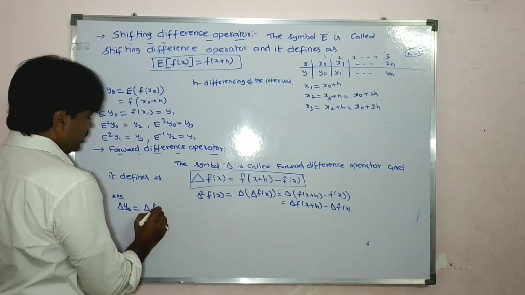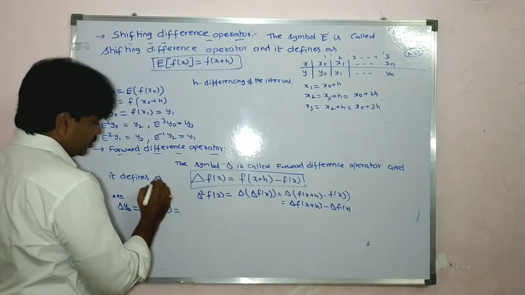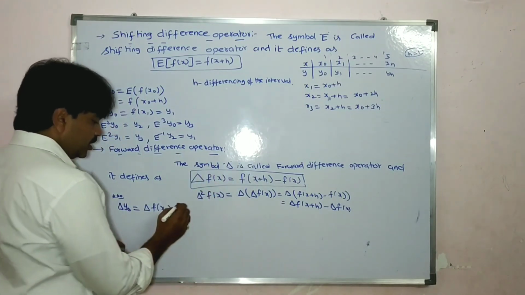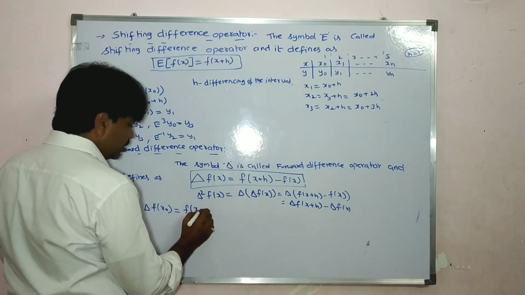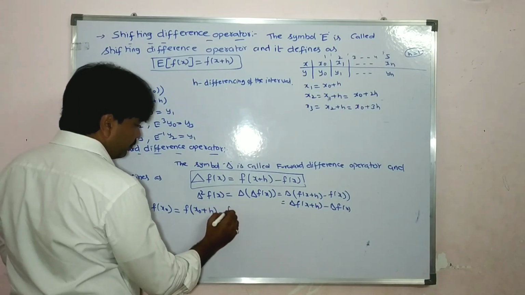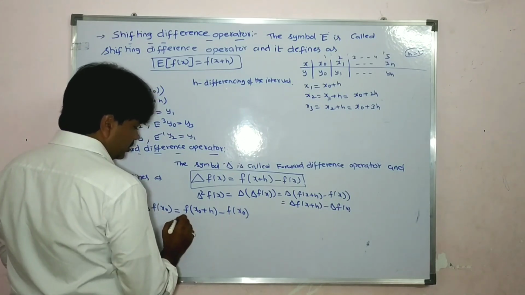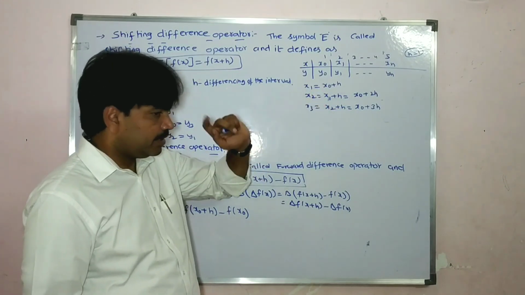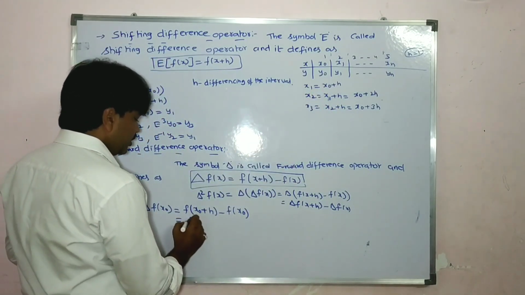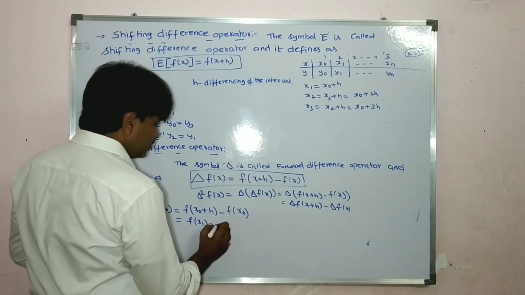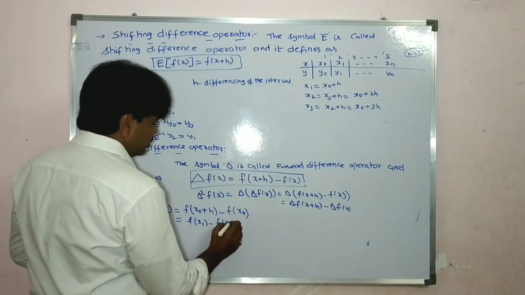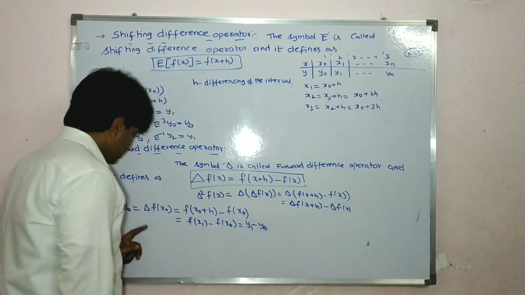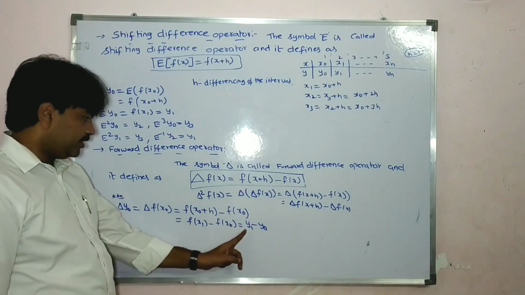So del f of x naught is f of x plus h minus f of x, so we have f of x naught plus h minus f of x naught. x naught plus h is x1. So f of x1 minus f of x naught, which is y1 minus y naught. See, students, del y naught is y1 minus y naught.